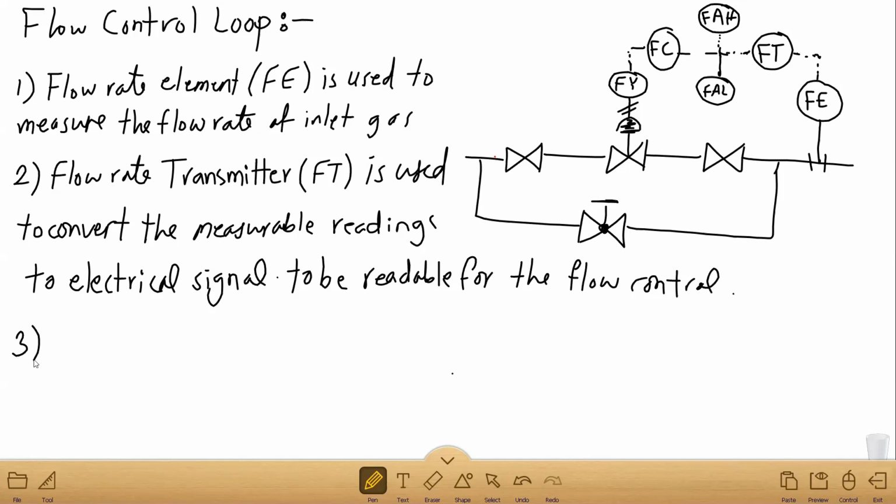Three, point analyzer, flow rate analyzer, and controller.